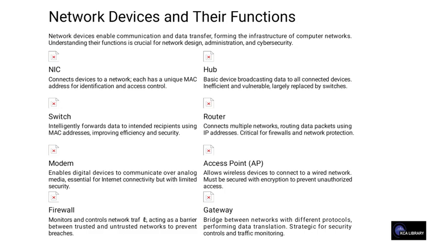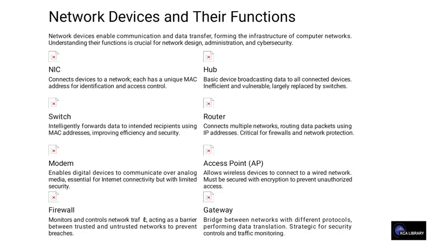We have the switch, which intelligently forwards data to intended recipients using MAC addresses, improving efficiency and security. We have the router, which connects multiple networks, routing data packets using IP addresses, and is critical for firewalls and network protection.